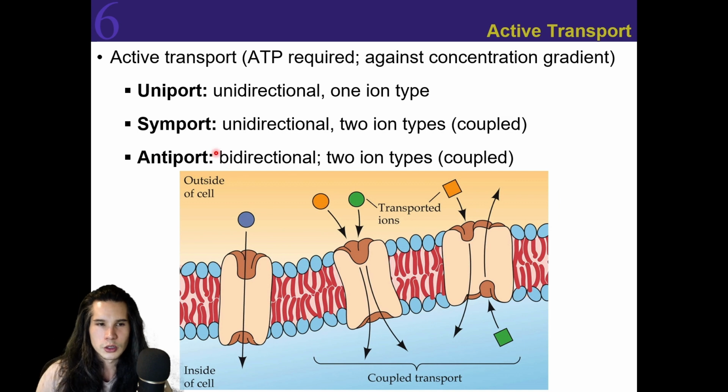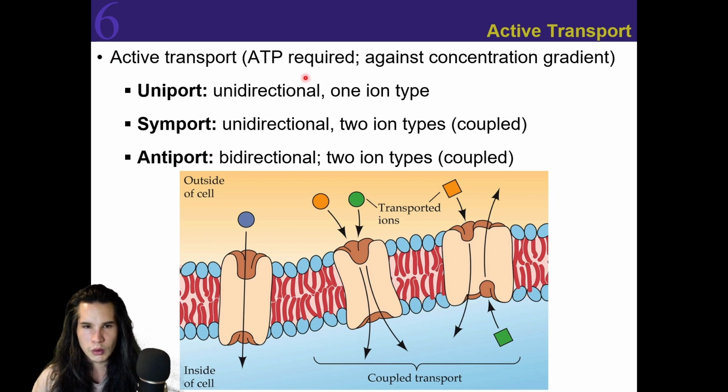Now let's talk about a little bit of active transport, active requiring ATP or some kind of potential energy, any kind of energy. Active transport is going to move substance against a concentration gradient. Now, you've probably heard of uniports before. You might not have heard of the term, but what the uniport is going to do is simply move one substance, uni, meaning one substance, from one area against its concentration gradient into another area.